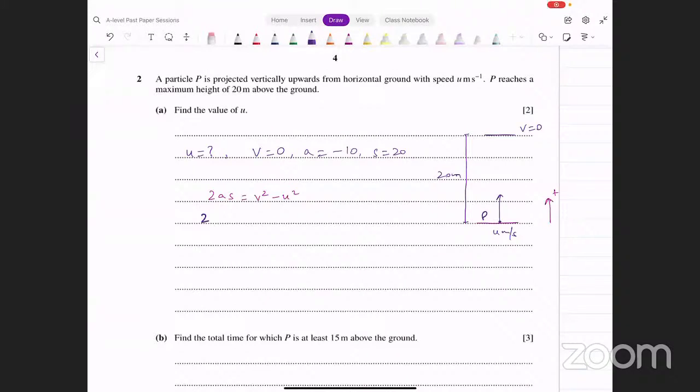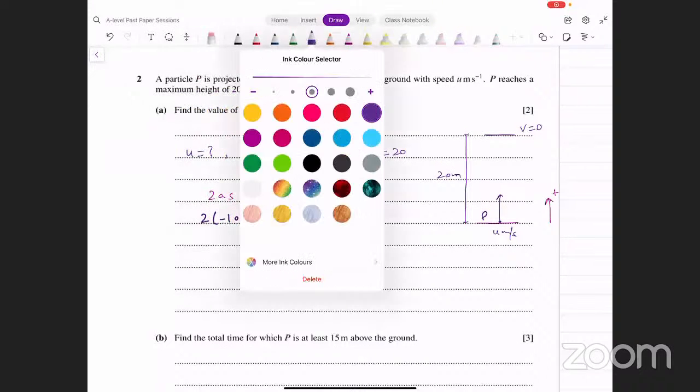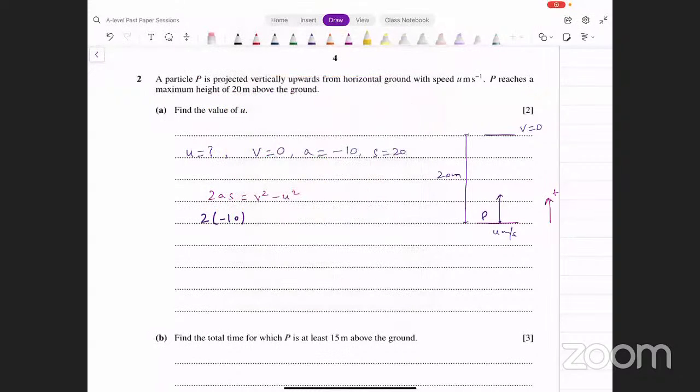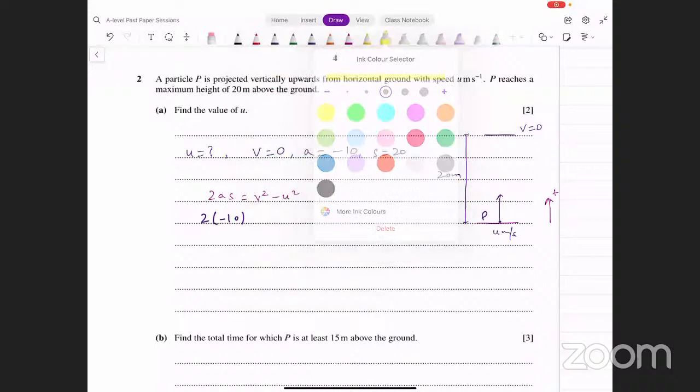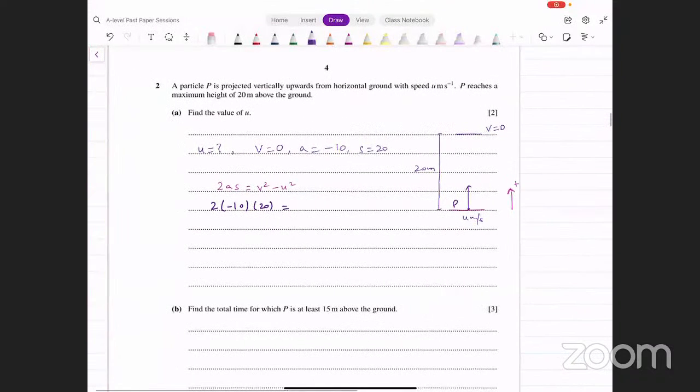Okay. 2 into -10. Okay, 2 into -10 into s, that is 20, equals v square, which is 0, square minus u square, that's unknown. वो आपको figure out करना है, and that's going to give us the value of u. या देख लें क्या आता है.